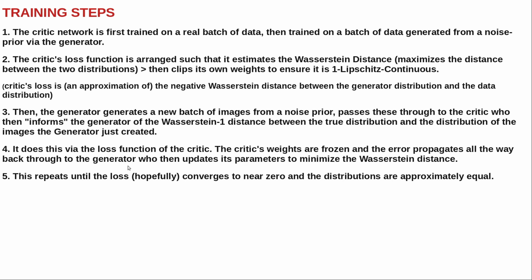And it does this via the loss function of the critic. The critic's weights are frozen and the error propagates all the way back through to the generator, who then updates its parameters to minimize the Wasserstein distance. And this whole workflow repeats until the loss converges to near zero and the distributions are approximately equal, that is the distribution of the real images and the distribution of the fake images.